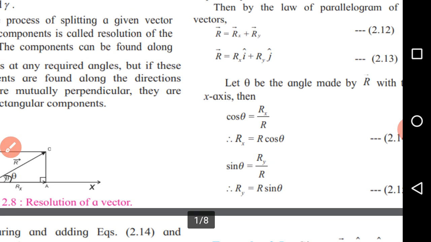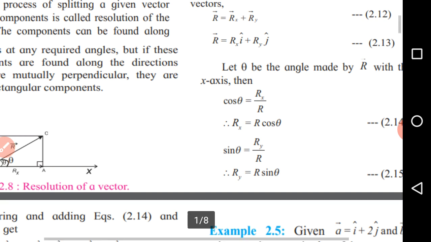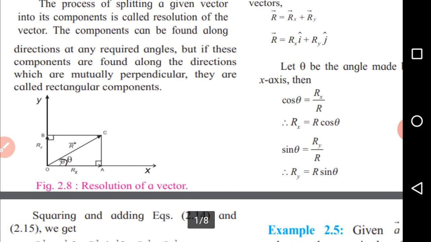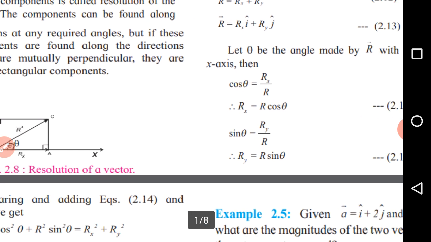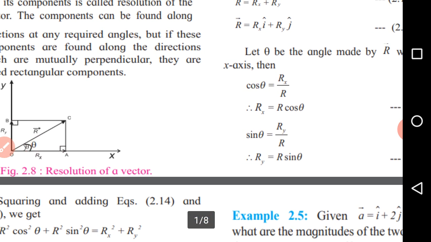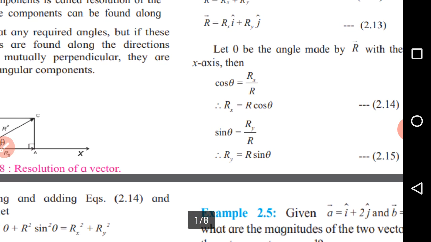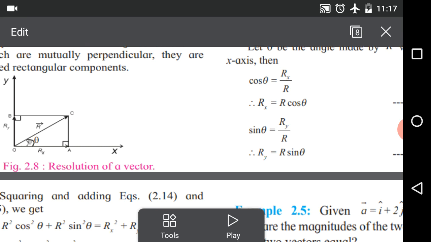Now if theta is the angle made by the resultant with the x axis, then one can find out the value of Rx and Ry using trigonometrical equations.